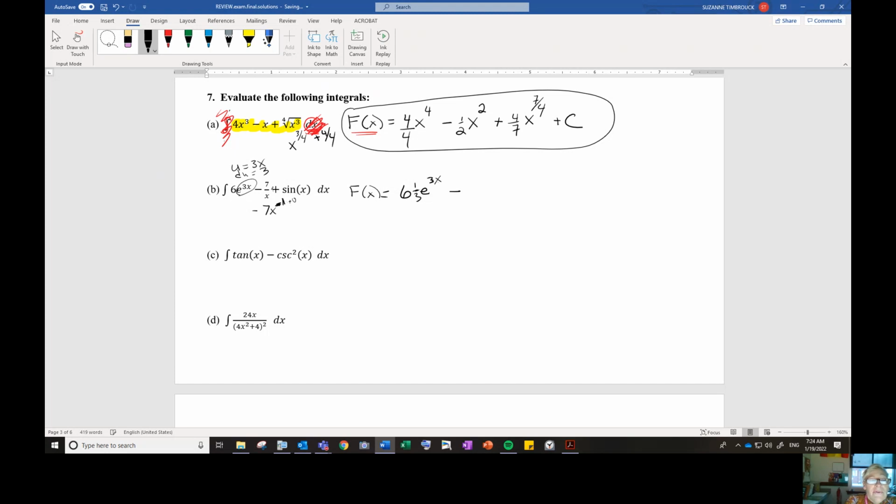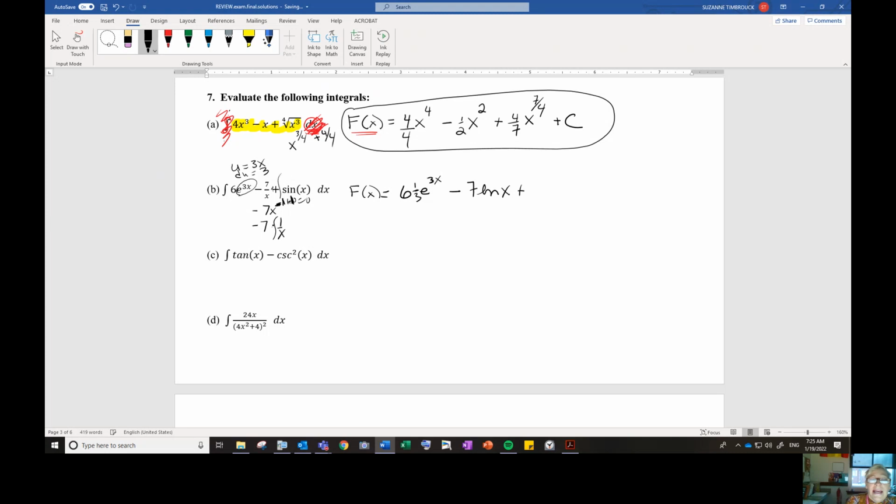When you get this negative 1 and then add 1 to the exponent and get 0, that should remind you that you really have negative 7 times 1 over x, and the integral of 1 over x is ln x. So you have negative 7 ln x.